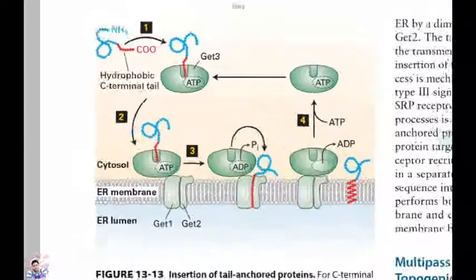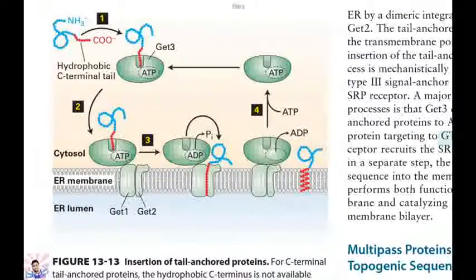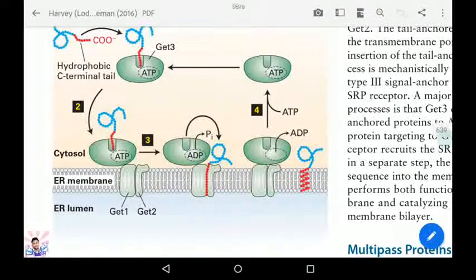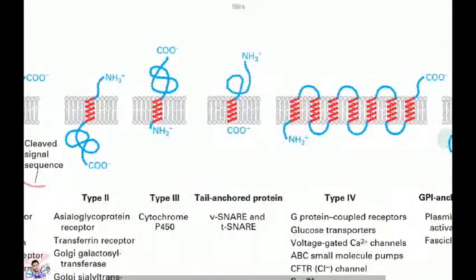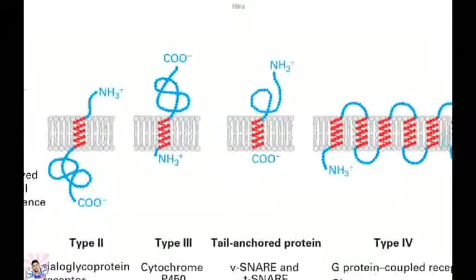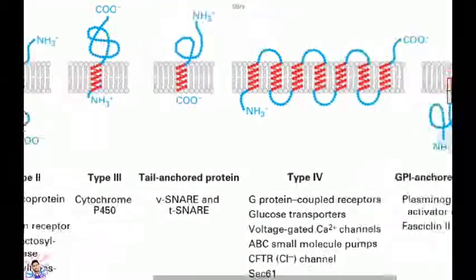As you can see, there are proteins which help to bind the carboxyl terminal, having a hydrophobic C terminal tail, to get inserted into the endoplasmic reticulum membrane. As it is a tail anchor, its carboxyl terminal is towards the hydrophobic membrane of the reticulum and the N terminal is towards the cytosol. This is your tail anchor, as I told you earlier.